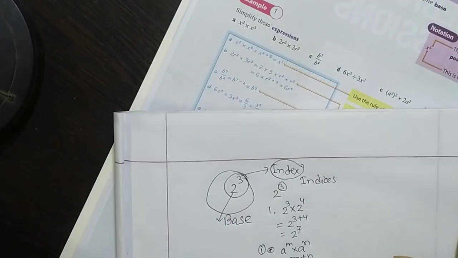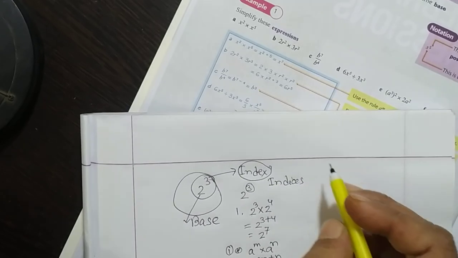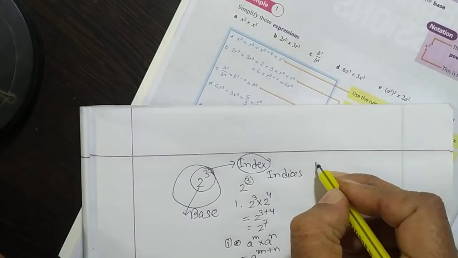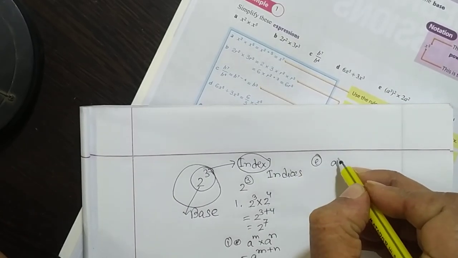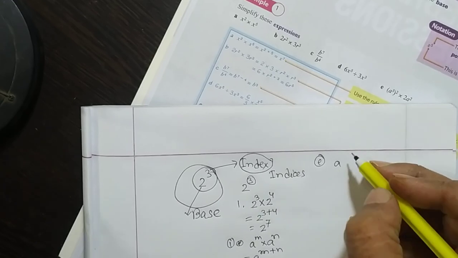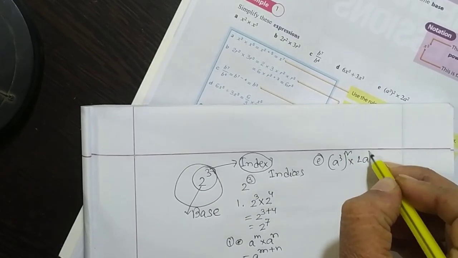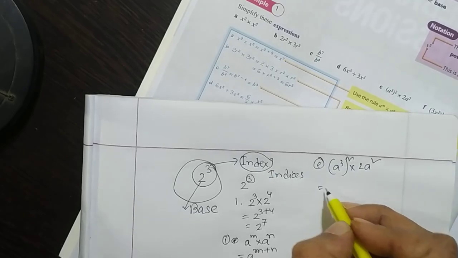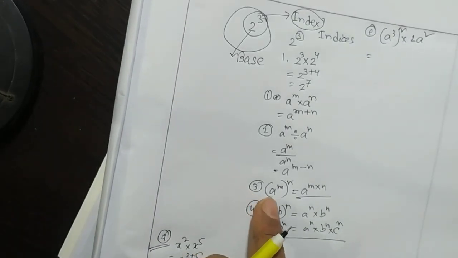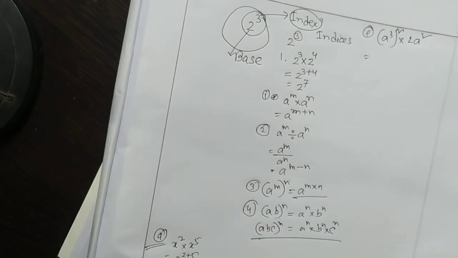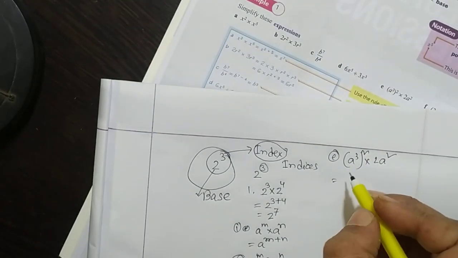Here what we have, that is e, a to the power of 3 to the power of 2 and 2a square. Here according to our third rule, if there is a power on another power, the powers will be multiplied with each other.